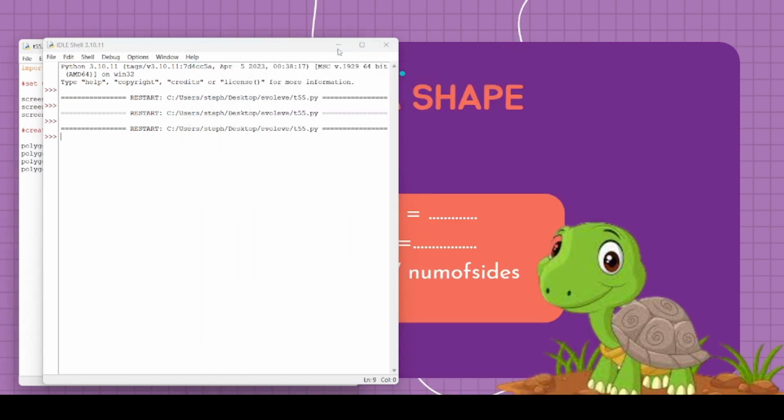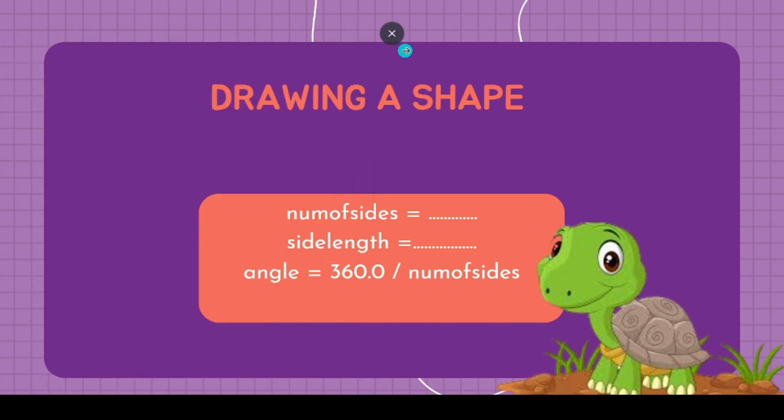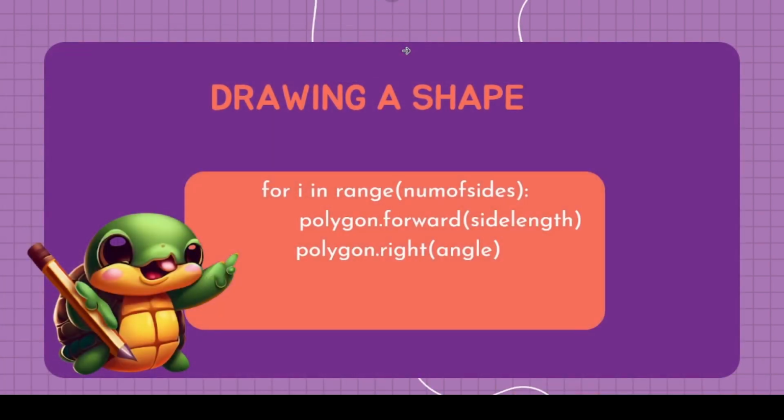Now let's imagine we want to draw a shape. Let's say it's a hexagon which has 6 sides. We'll also need to know how long each side should be and at what angle the turtle should turn.